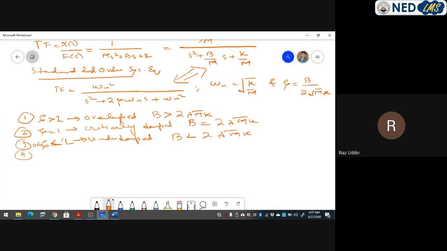And if you want ζ equal to 0, that is the case of undamped, in that case b is equal to 0.